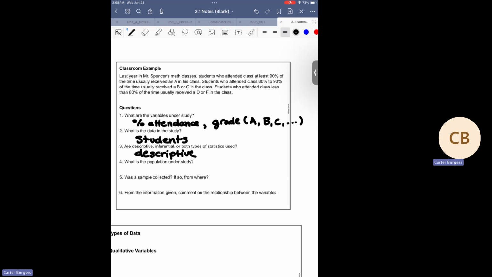This classroom would be a sample of the school overall. And that would be the transition of using this as a descriptive statistic of a population versus using this as an inferential statistic that we derive from a sample. So as it stands right now, the population would be Mr. Spencer's class.